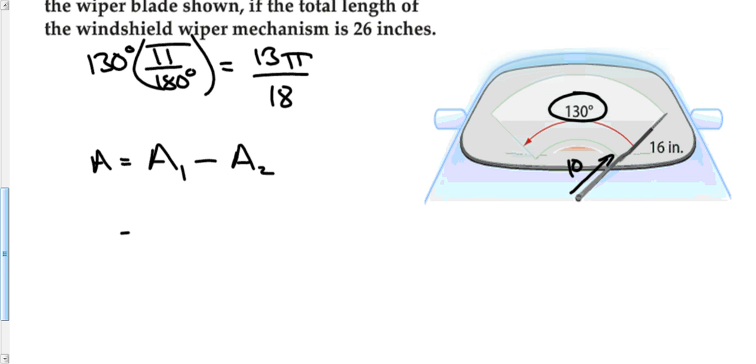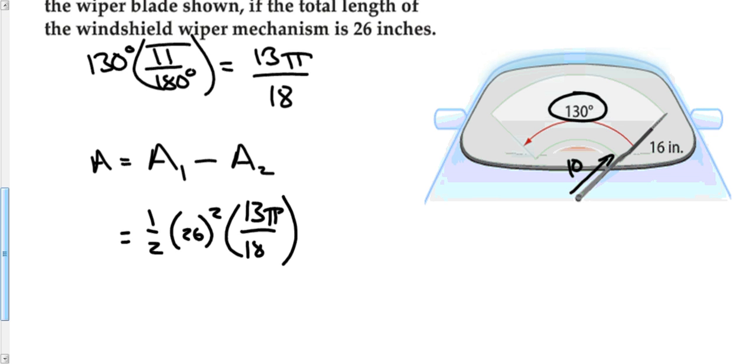So the area of the big guy is going to be 1/2 26 squared times 13 pi over 18. And then we're going to subtract off 1/2 10 squared times 13 pi over 18.